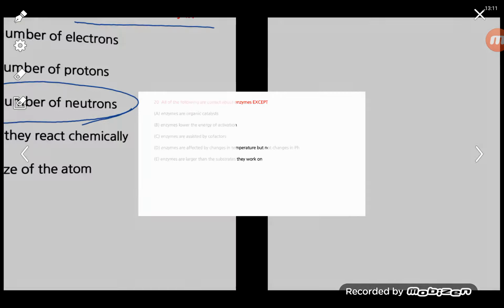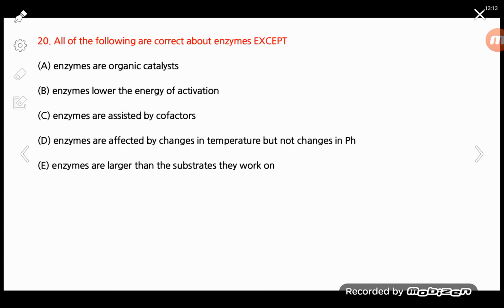So the next question: all of the following are correct about enzymes except, guys, we have to pay attention. So all of them are true except one. Enzymes are organic catalysts. Yes, enzymes are catalysts and they are organic. Catalyst means they speed up the chemical reactions.